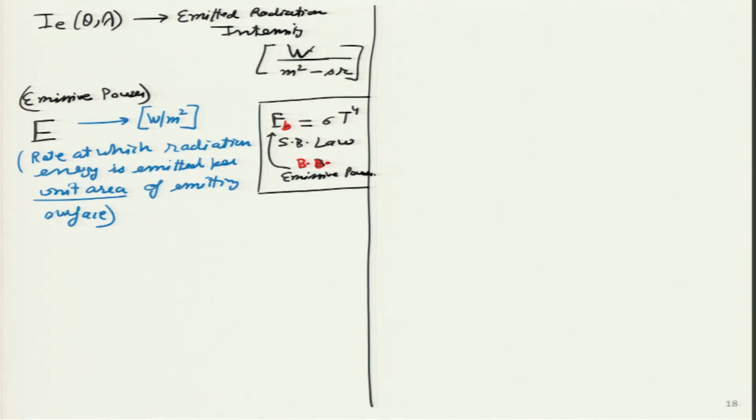Which means there are two ways in which I can write I e, and so I will write I e versus capital E.